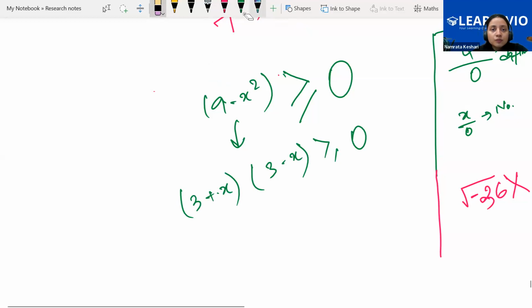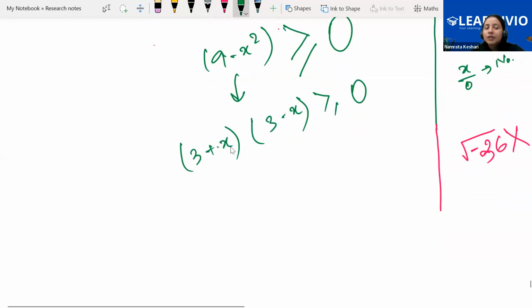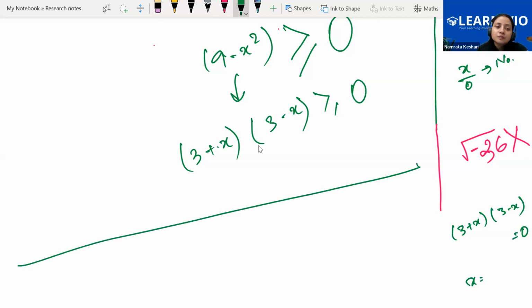Now what will we do? When we were solving a quadratic equation like this, we were getting the x value from here. Suppose you have 3 plus x in one bracket and 3 minus x in another bracket is equal to 0.